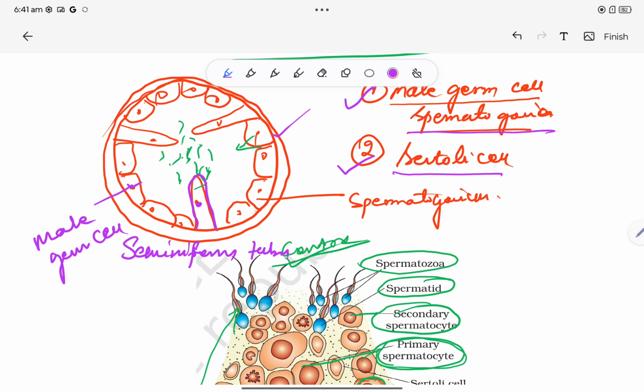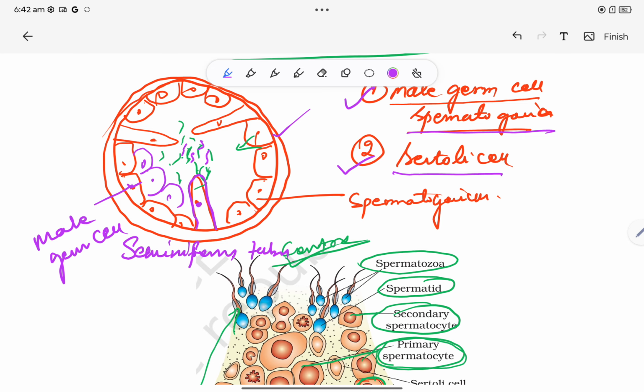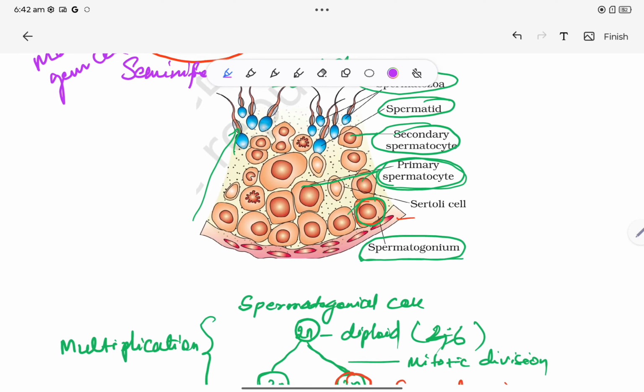Now when spermatogenesis takes place, gradually these cells divide, grow, and differentiate to form different cells, and ultimately the sperms are produced, and the sperms are seen at the center of the seminiferous tubule. Now let me show you this diagram.